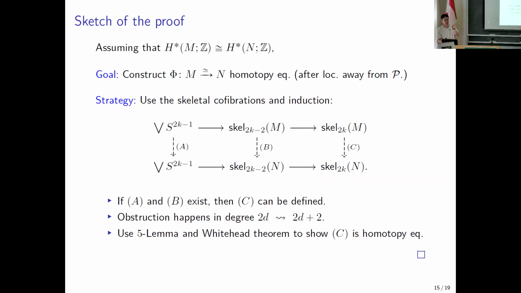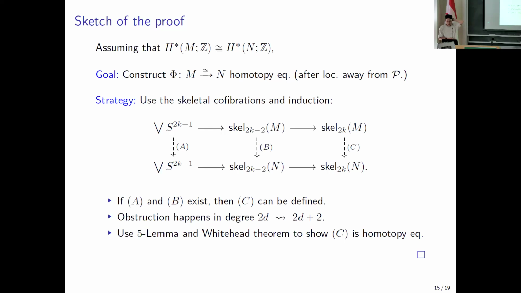D was the dimension of the simplices, right? And then there should be some obstruction to continue this induction process. So that's the place where we need some localization process, and then use the five lemma and Whitehead's theorem to show that the last map, the C map, is a homotopy equivalence. So this is how we get the proof.